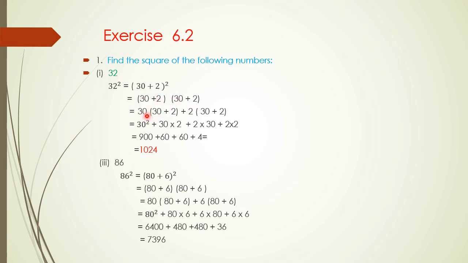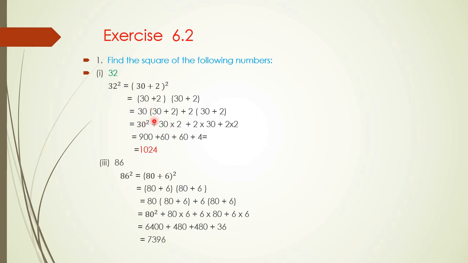Okay. Now we have to expand these brackets. How will we do this? 30 into the second bracket plus 2 into the second bracket. So 30 into (30 + 2) plus 2 into (30 + 2). Now here we multiply 30 into 30, then 30 into plus 2.